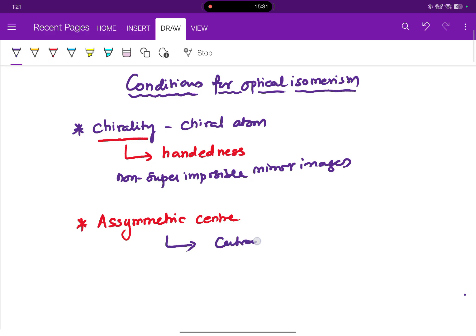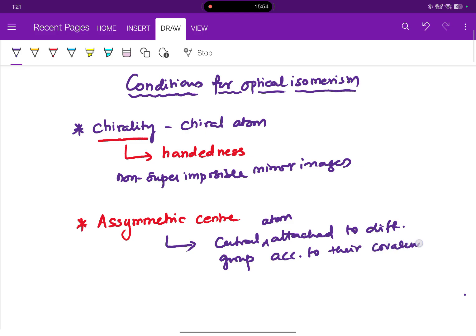A central atom attached to different groups according to their valency, or rather covalency, which is the correct word. Covalency is nothing but the number of bonds it can form.